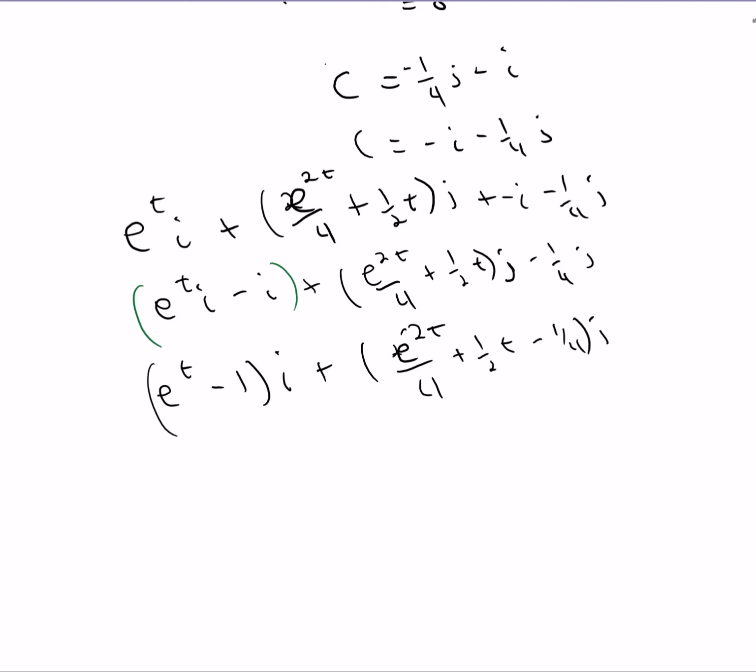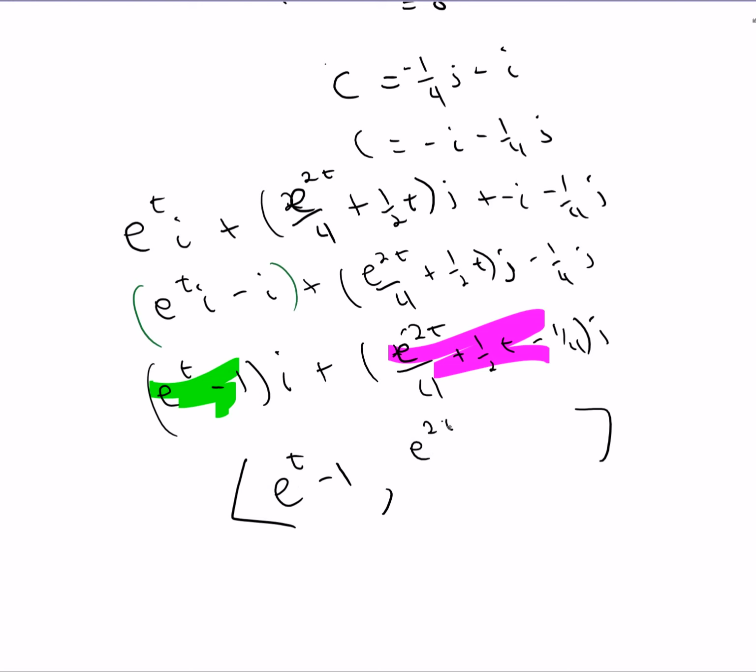And so your vector is basically just the x piece is the piece next to the i, and the y piece is the piece next to the j. So it should just be e to the t minus 1 comma e to the 2t over 4 plus 1/2 t minus 1/4. And so this is our position vector.